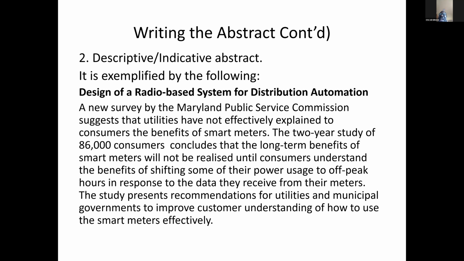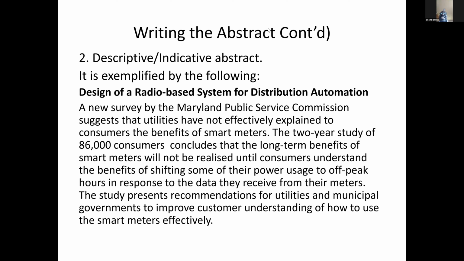The 2-year study of 86,000 consumers concluded that the long-term benefits of smart meters will not be realized until consumers understand the benefits of shifting some of their power usage to off-peak hours in response to the data they receive from their meters. The study presents recommendations for utilities and municipal governments to improve customer understanding of how to use the smart meters effectively.